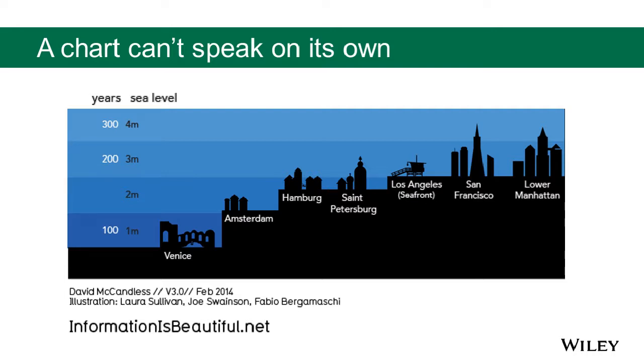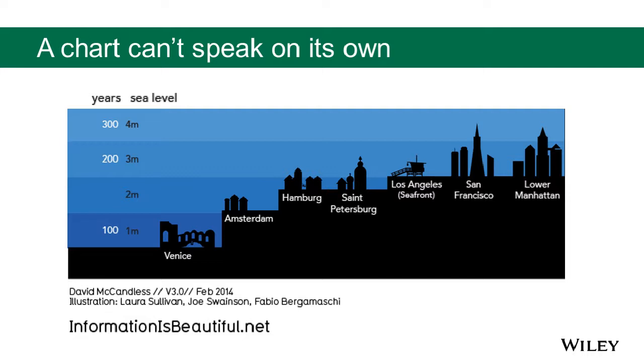And now, in this zoomed-in version of the same chart, you see the detail. You can see that in 100 years' time, the sea level will have risen and Venice will be followed shortly thereafter by Amsterdam. Within 200 years, there goes Lower Manhattan, there goes San Francisco.